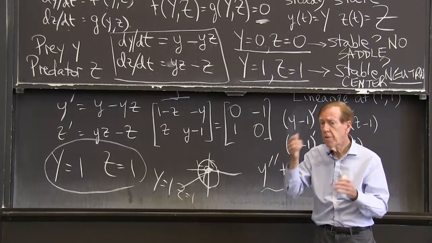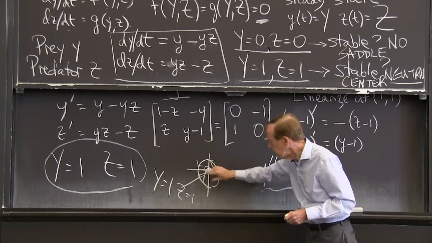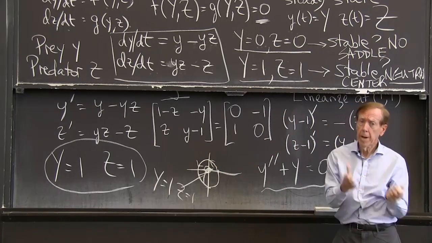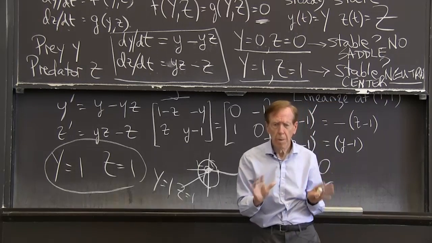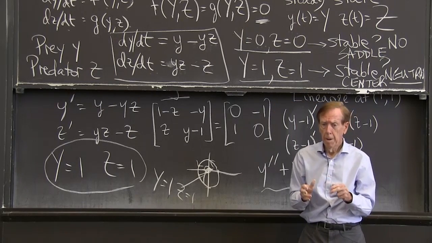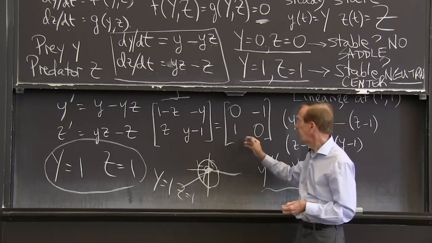I don't leave the area around. I stay close to the critical point, but I don't approach it either. Okay, so that's a case where we could see the stability based on the linearization.